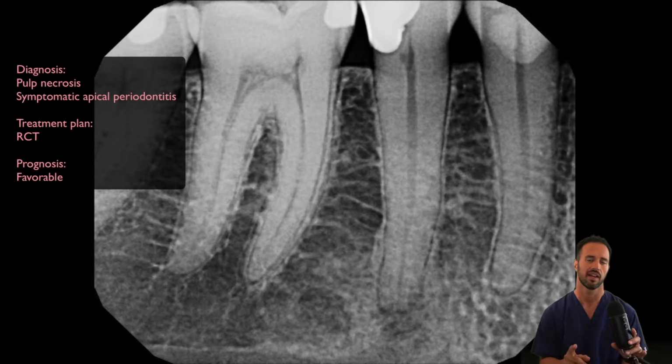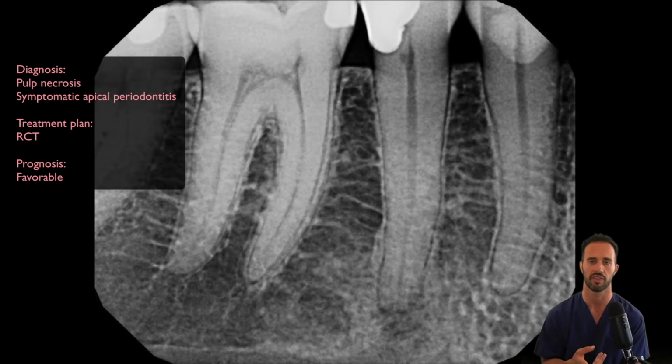Now, granted, you'll want to be aware on a case level that if you treat a necrotic case in a single visit, there are some potential negative sequelae that can occur. For instance, you can have a case that you obturated in one visit that's necrotic where the patient has some significant pain in the days after the treatment.